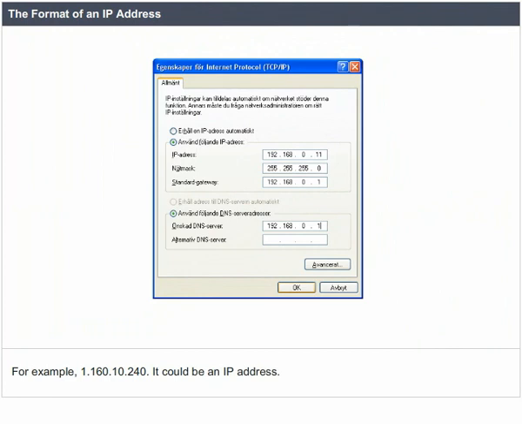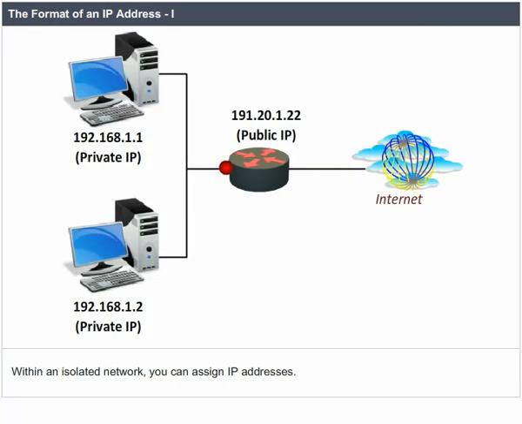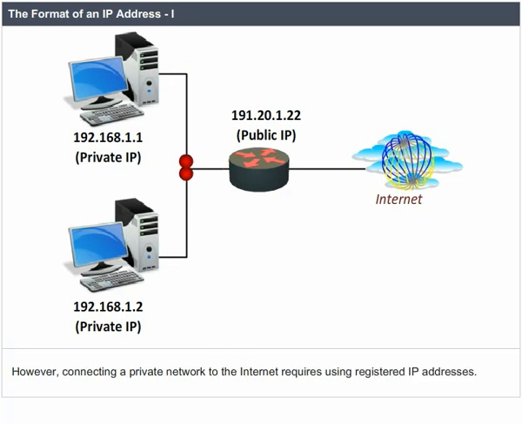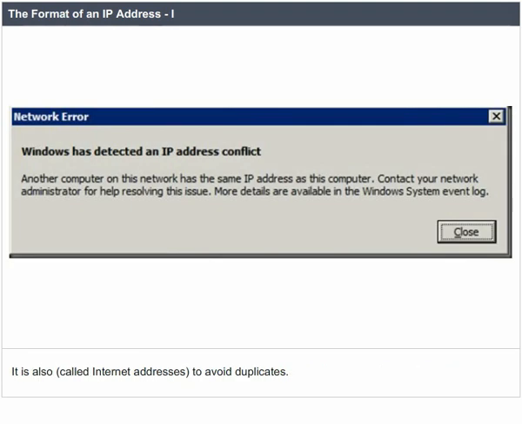Within an isolated network, you can assign IP addresses at random as long as each one is unique. However, connecting a private network to the internet requires using registered IP addresses. These are also called internet addresses, to avoid duplicates.